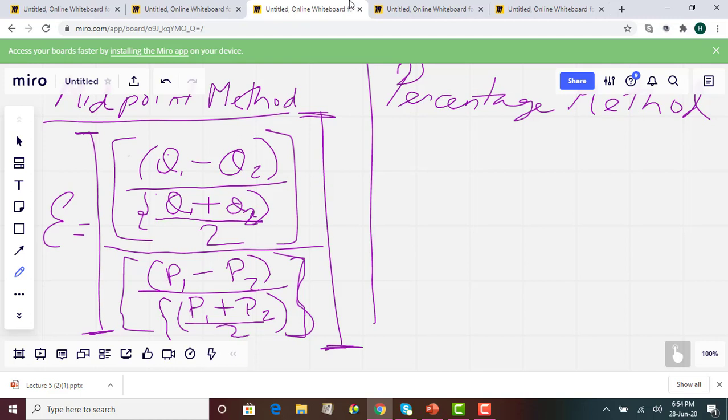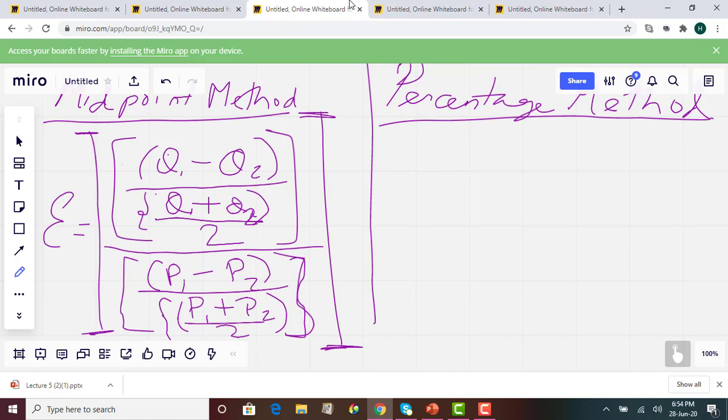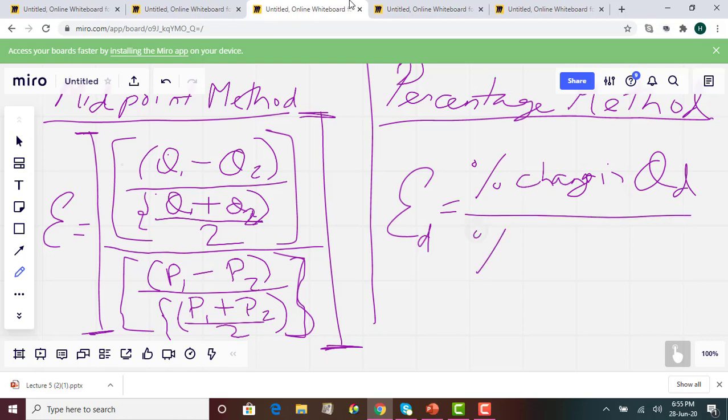So this is the midpoint method, and then we have the percentage method, which is given by percentage change in quantity demanded on the numerator, divided by percentage change in price on the denominator. That is the percentage method, and this is the midpoint method.